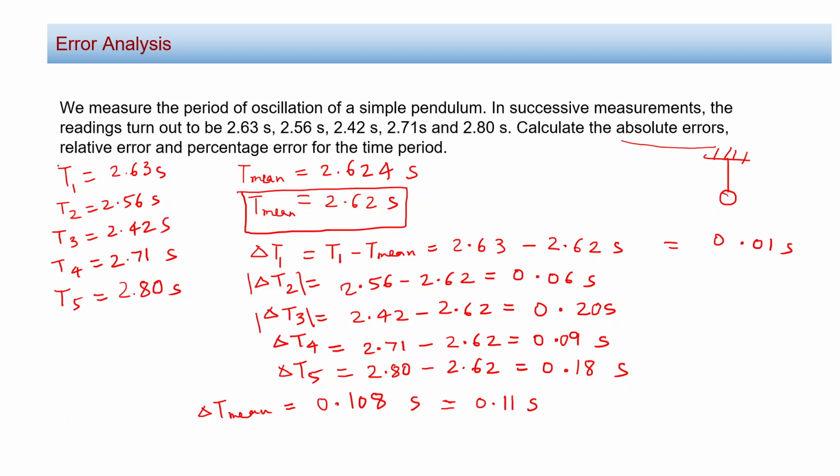Now for relative error, I'll write here. The relative error, we know, is defined as delta T mean, the mean of all the errors, divided by the mean of the measured value. So this is 0.11 divided by, what was it, 2.62.